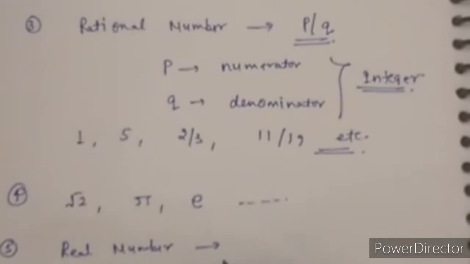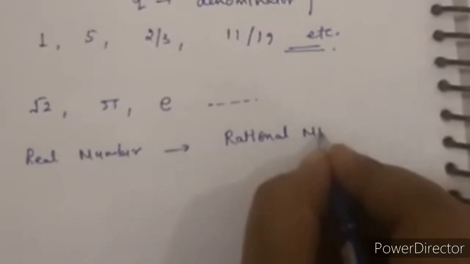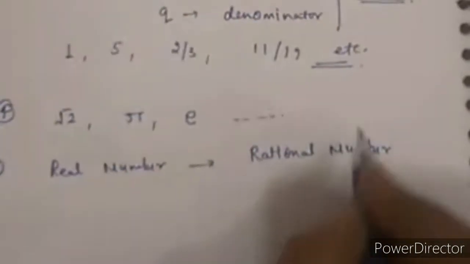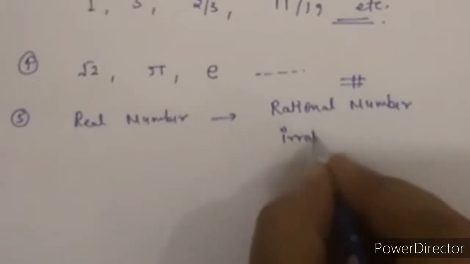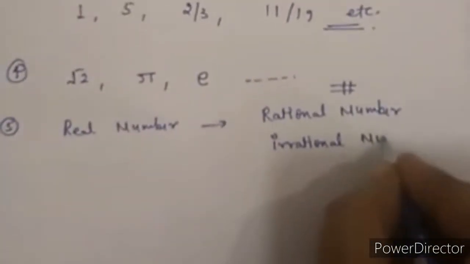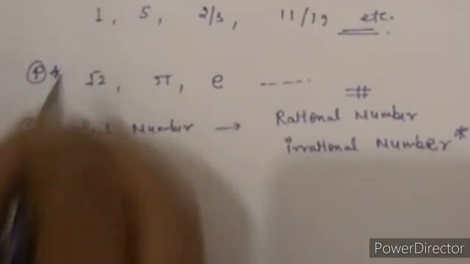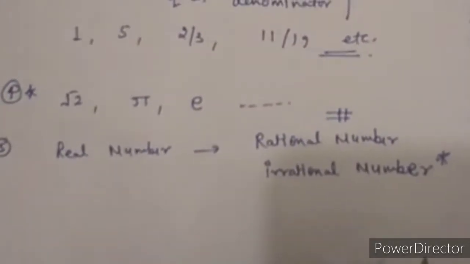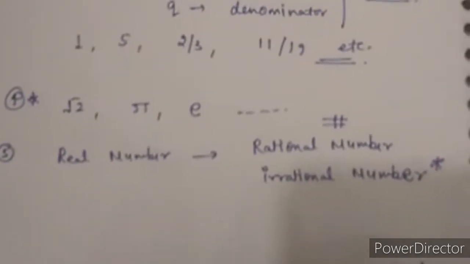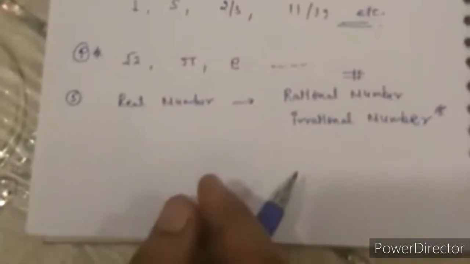This group contains all rational numbers, which I already explained, and irrational numbers, meaning these types of numbers. So these are called real numbers.